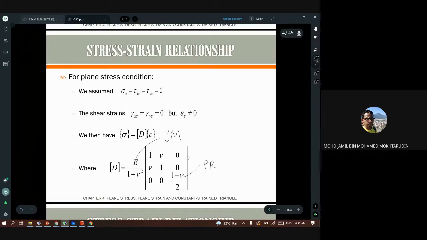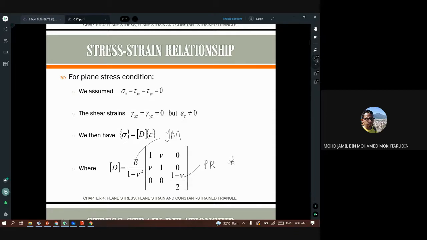So when the question gives you the Young's modulus and Poisson ratio, and the condition, for example plane stress, then you need to use this D. This is another formula that you need to jot down.